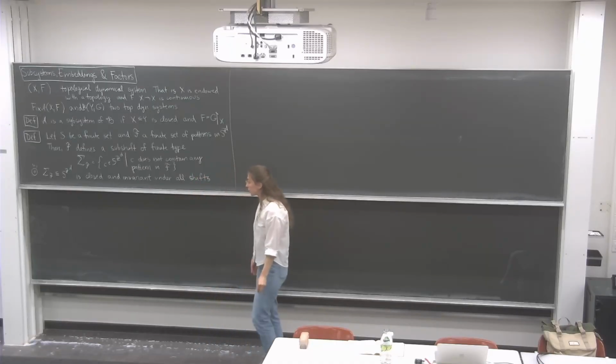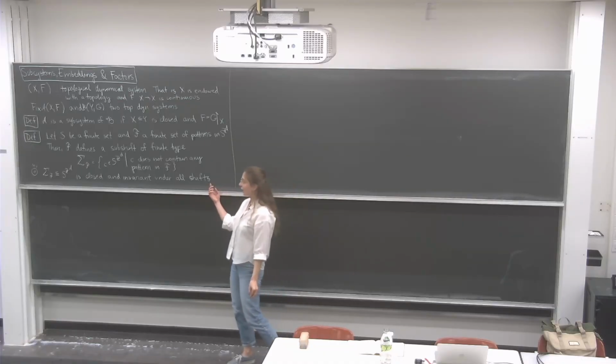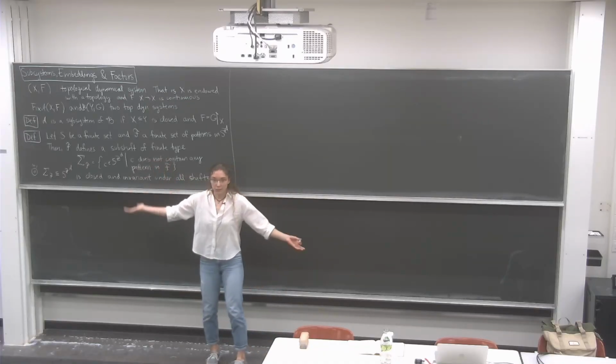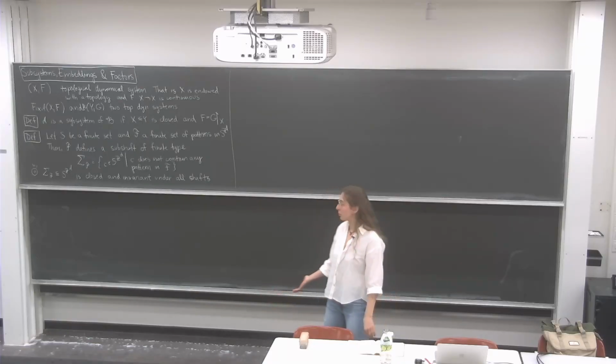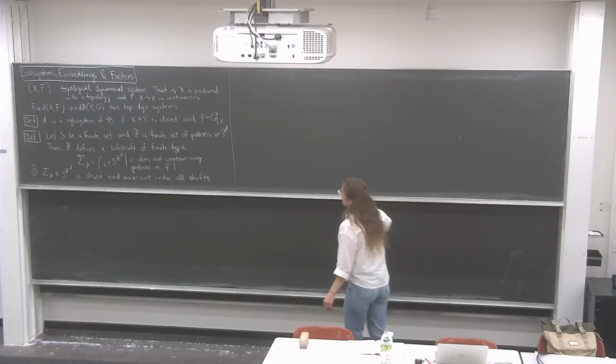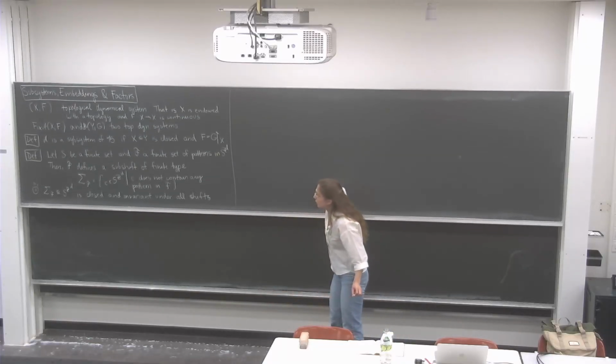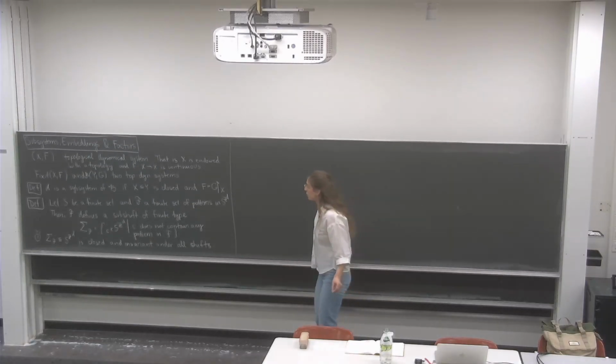This is almost embarrassingly easy. If a configuration does not contain some pattern and you shift it, then it's still going to not contain the pattern. So in some sense, this is a first natural example of a subsystem.